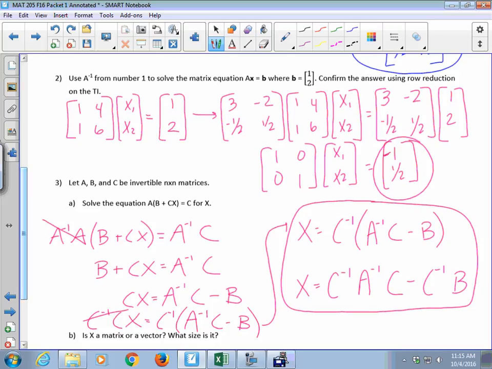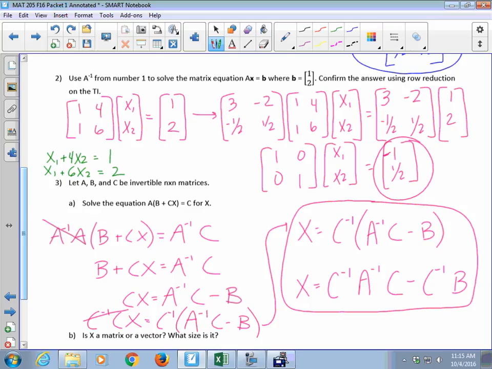We were solving for these unknowns, x1 and x2. So this represents a system of equations, right? This says that x1 plus 4x2 equals 1, and x1 plus 6x2 equals 2.